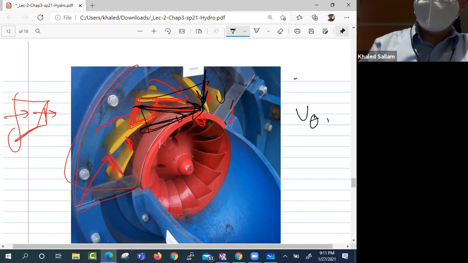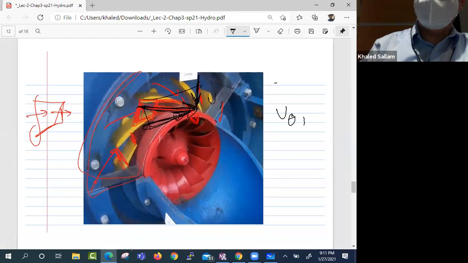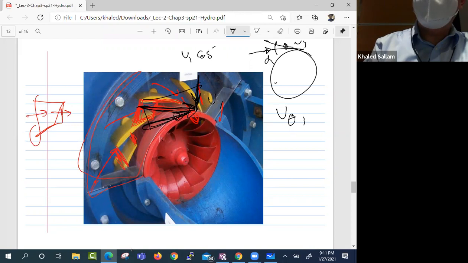That's the V theta 1. That's the one that we care about. But let's not call it theta, let's call it alpha, because the angle that V1 is making with the tangential direction is called alpha. So if this is V1, the tangential component is V1 cosine alpha, and the vertical one is V1 sine alpha.